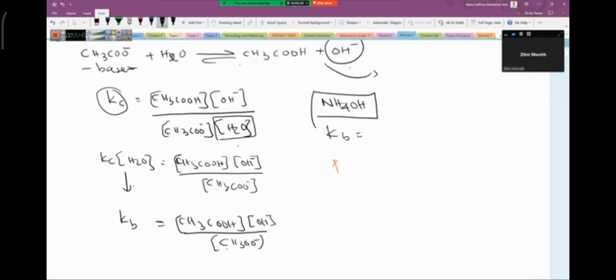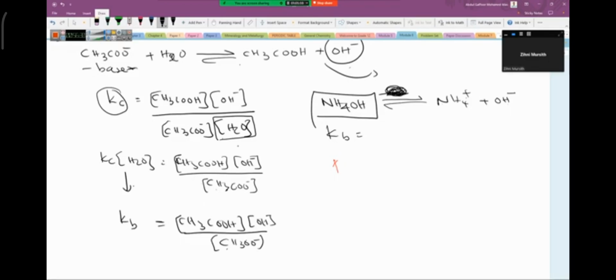When we are supposed to write the expression for Kb, we first write down the equation of dissociation of this base. So it will become NH4 plus and OH minus. Even if you put H2O, it will become NH4 plus OH minus. We just add water because all the dissociation happens in a water medium.